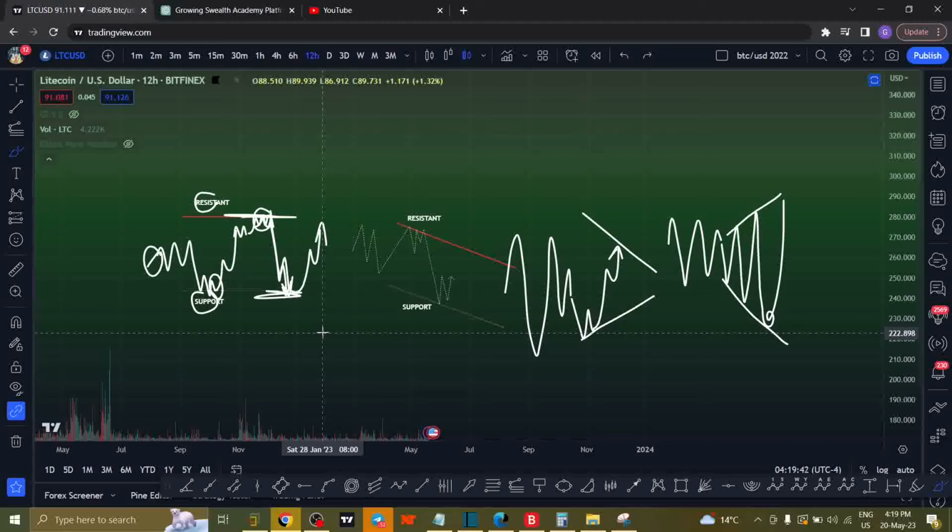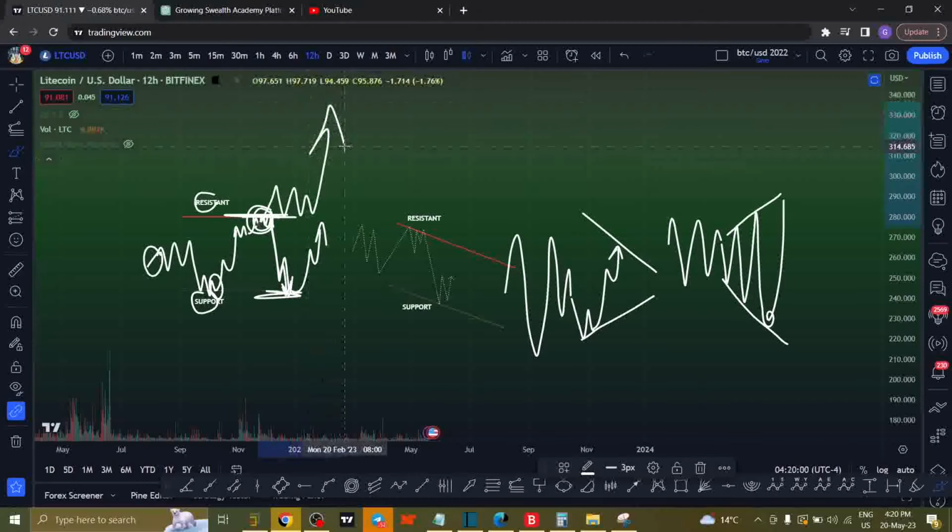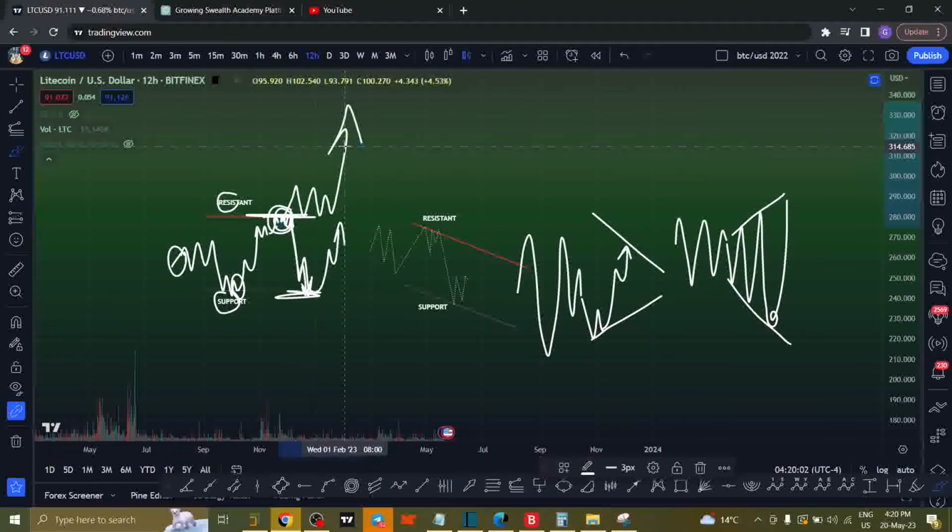There are times, and we'll look into examples in just a minute, where this resistance level will break above, because demand is very strong, and it will break above this resistance level, which will cause further price action to the upside, and vice versa.